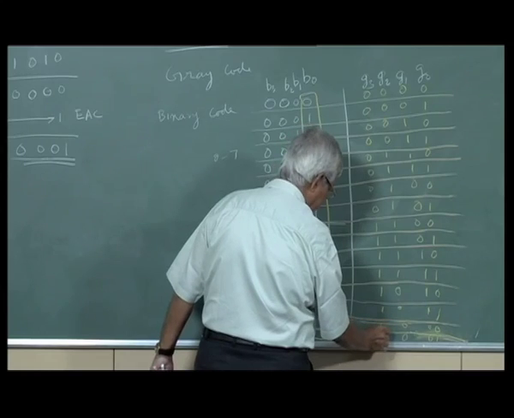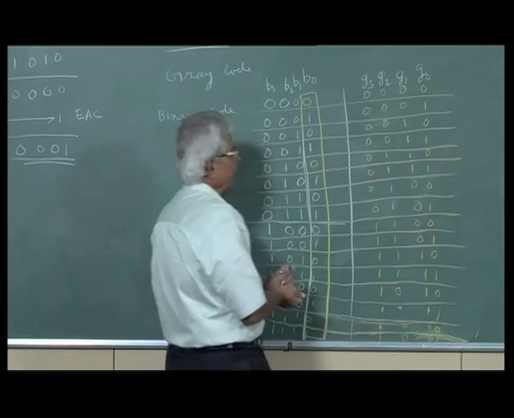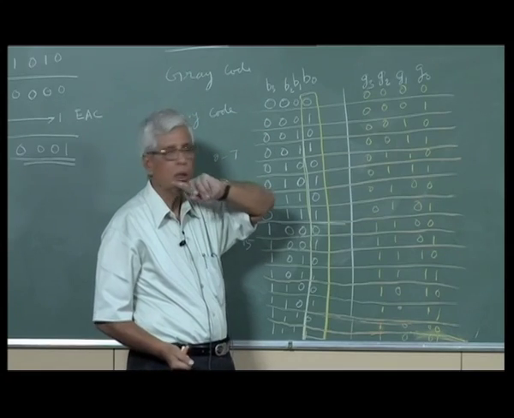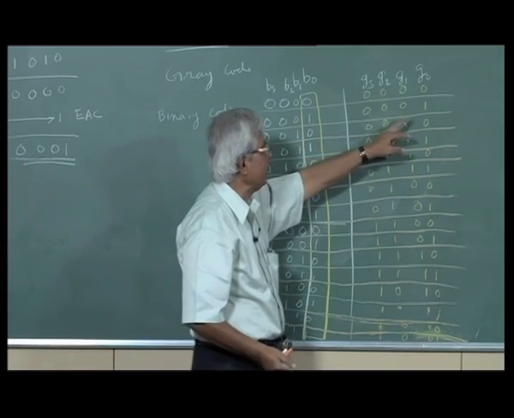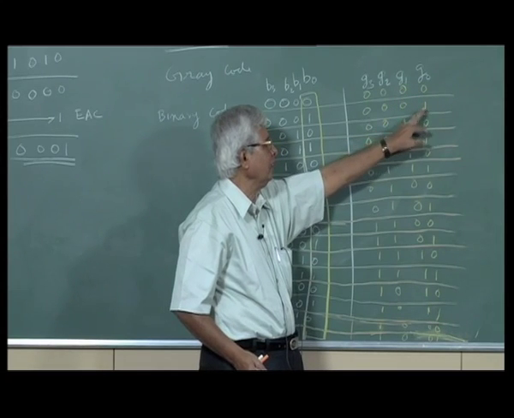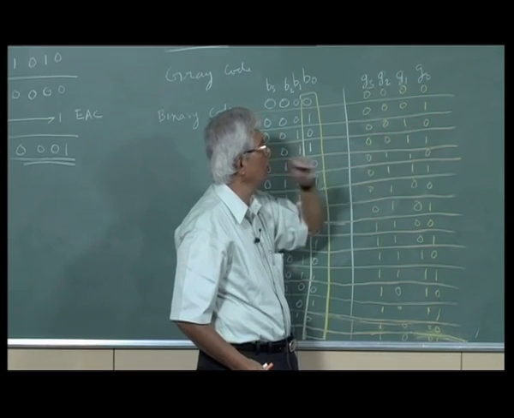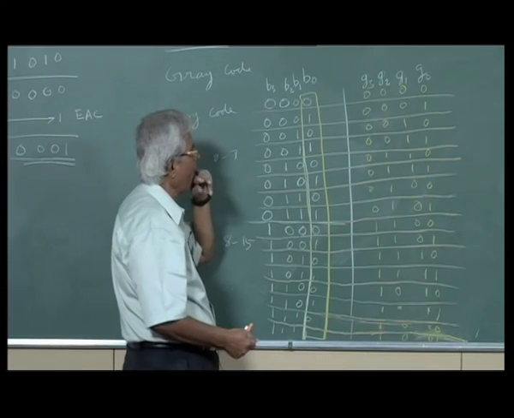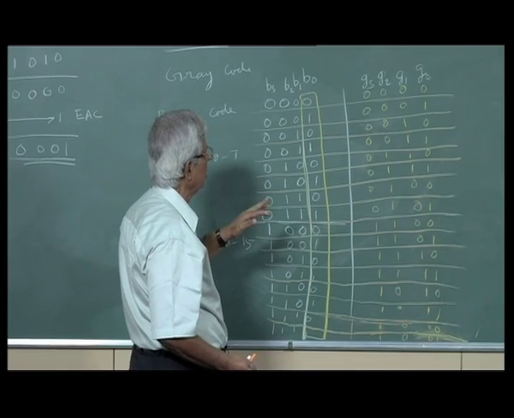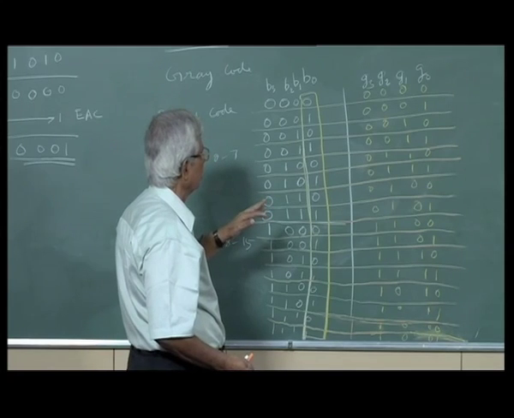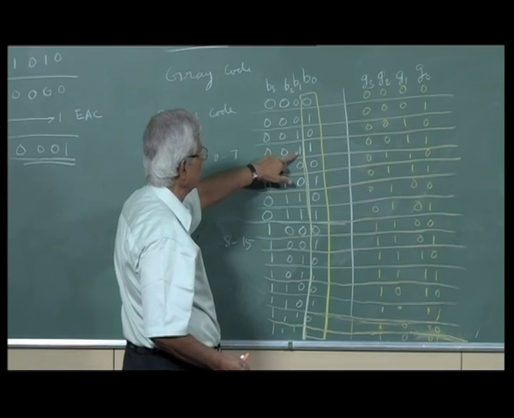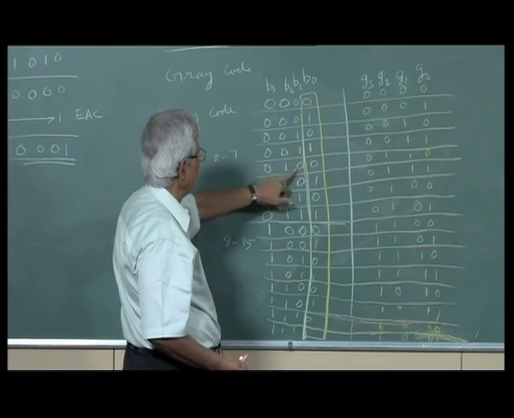Why do you have to do this? Now between any two consecutive numbers in binary to gray code, there is only one bit change. Here all zeros, here only one. Here this one becomes 0. There cannot be a 2 bit change.